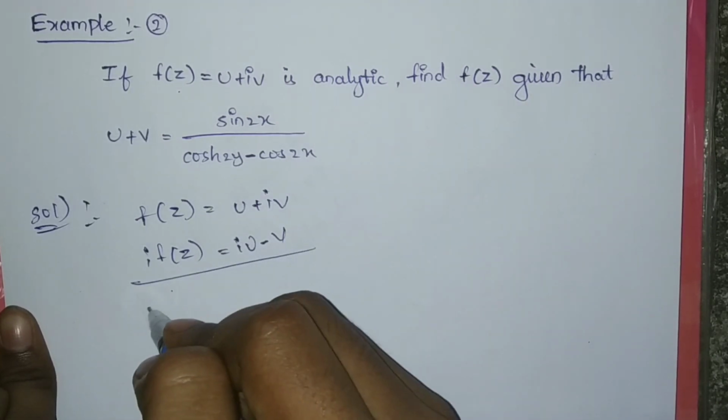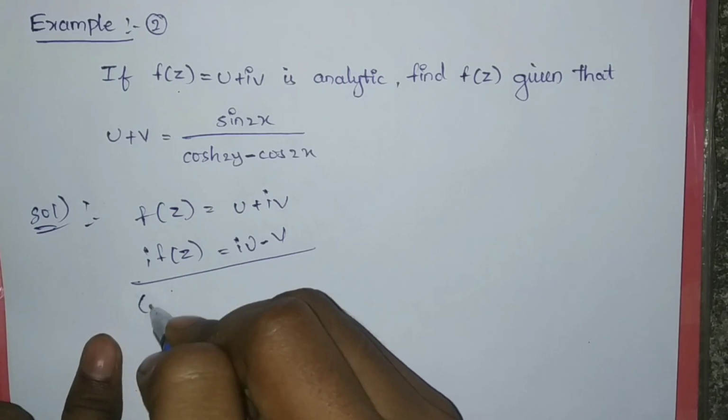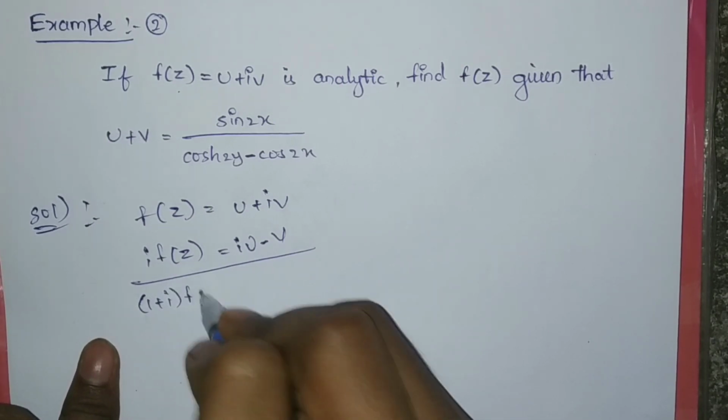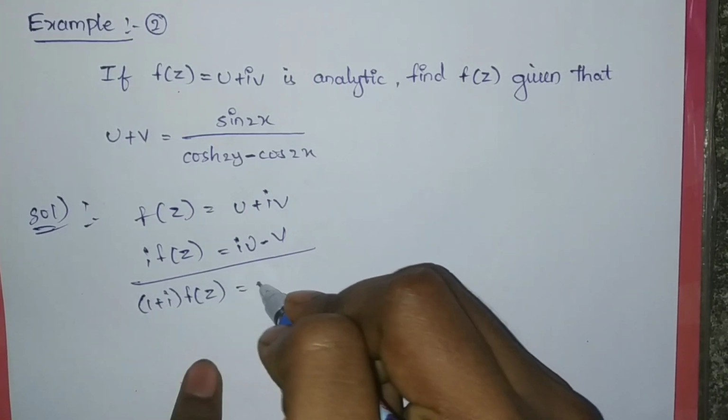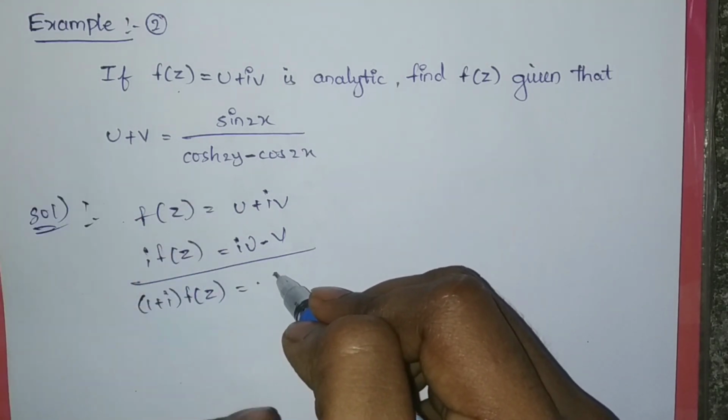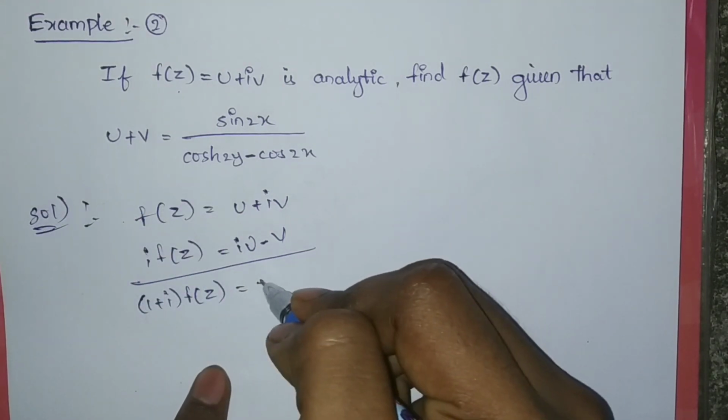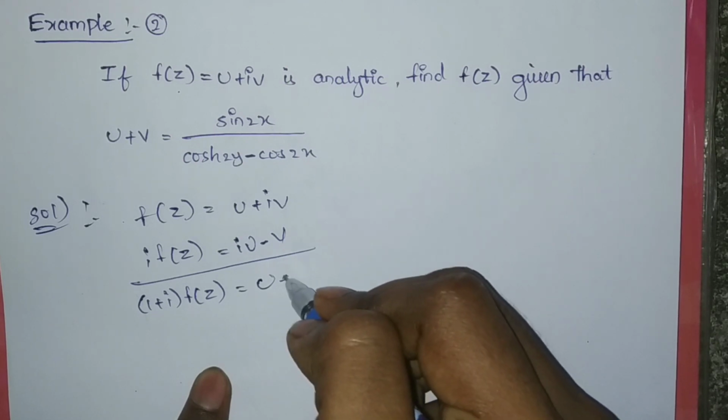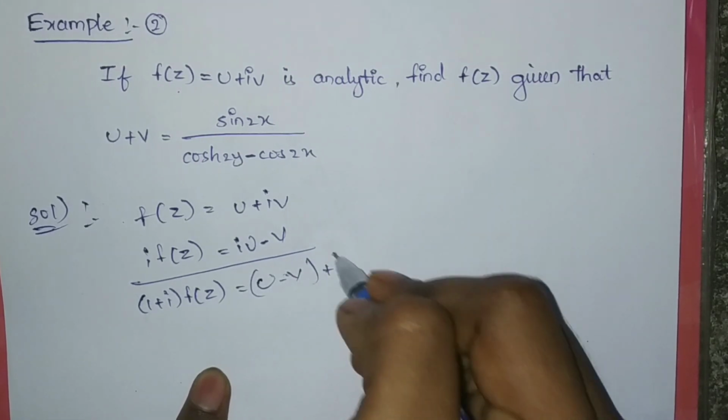If you add both the equations and take common, 1 plus i into f of z equals, and separate the real functions and imaginary functions, it will become u minus v plus i into u plus v.